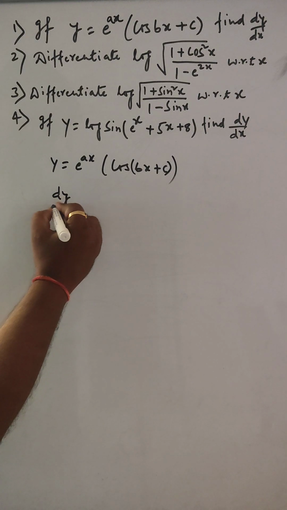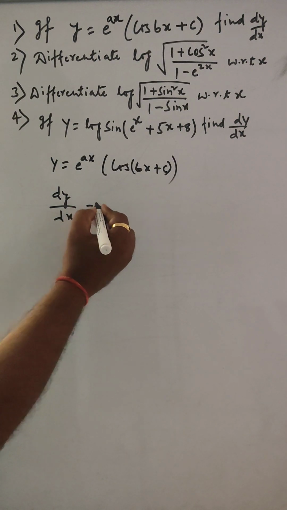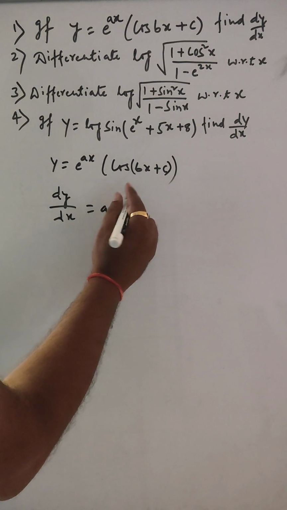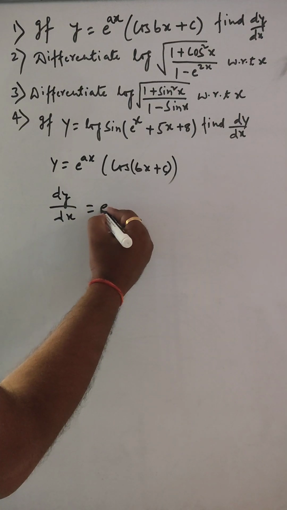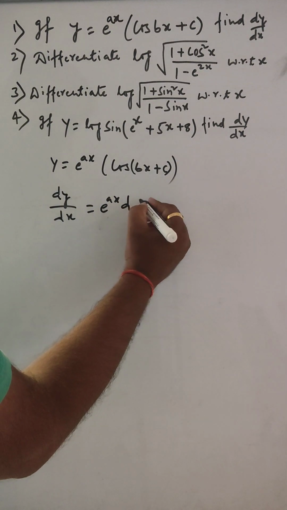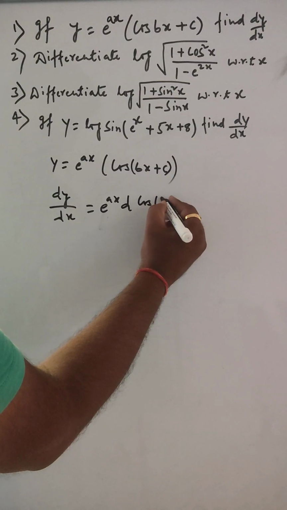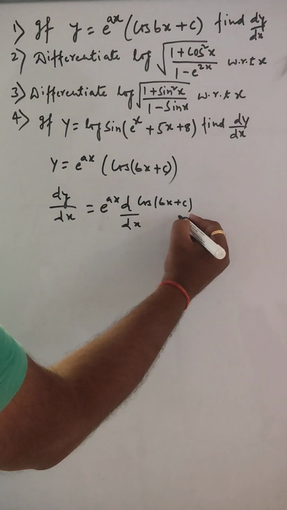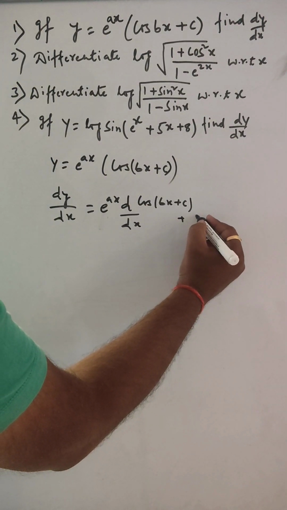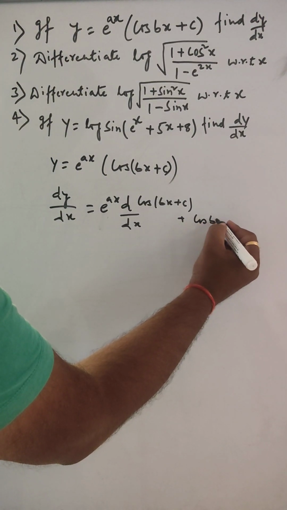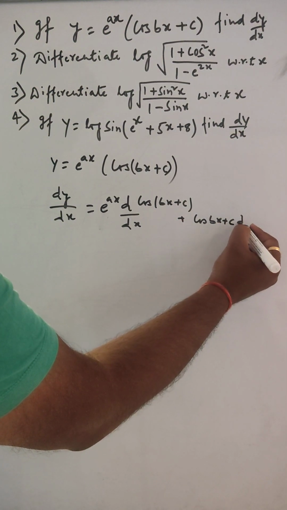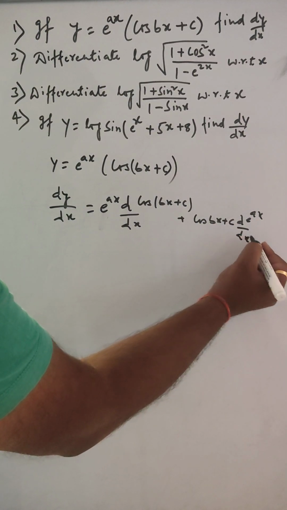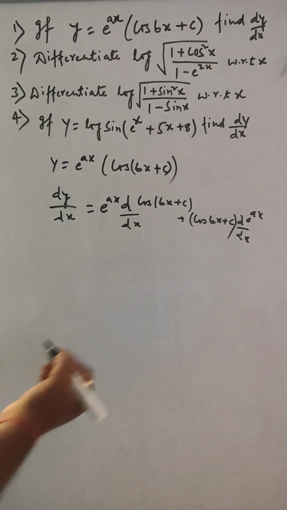So dy by dx is equal to what for this? First we can do the differentiation of e to the power ax times cos(bx plus c), so d by dx of that, plus cos(bx plus c) times d by dx of e to the power ax.